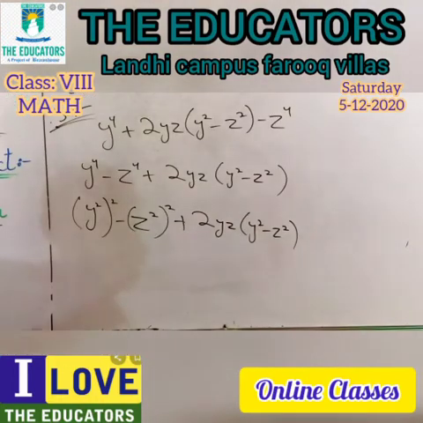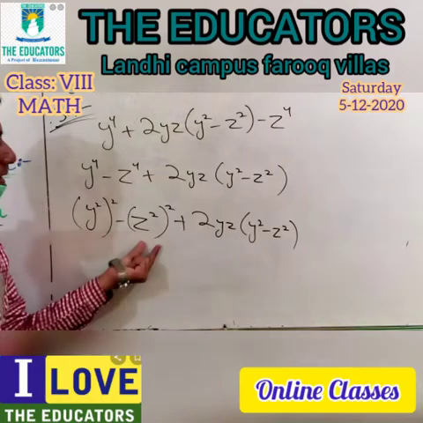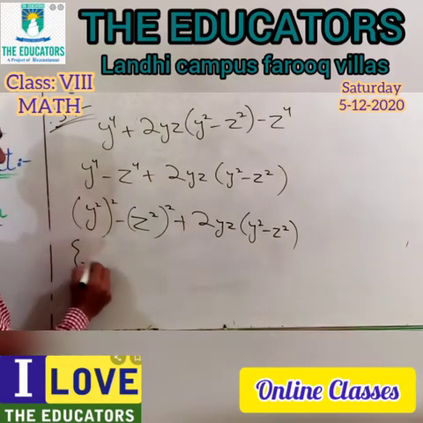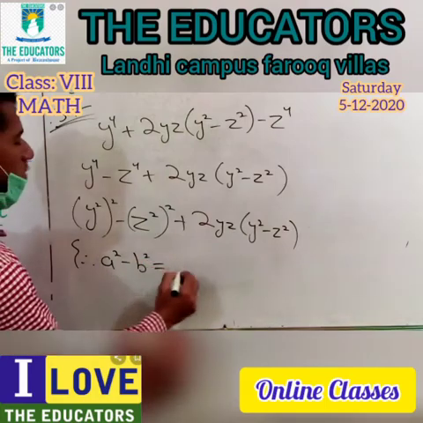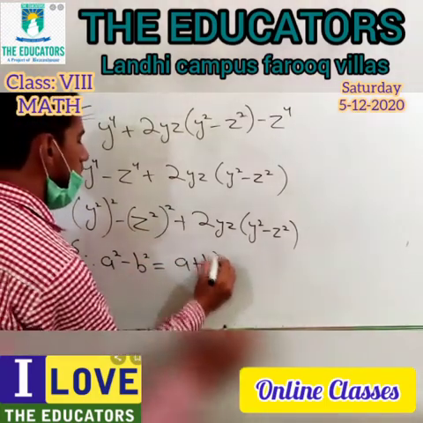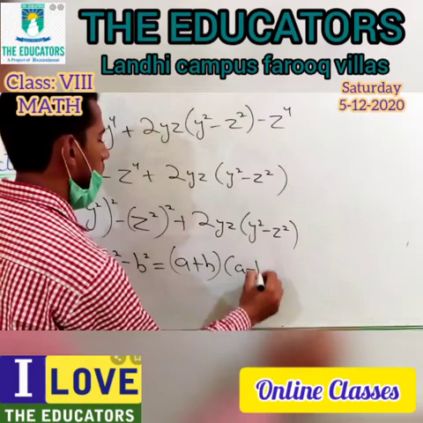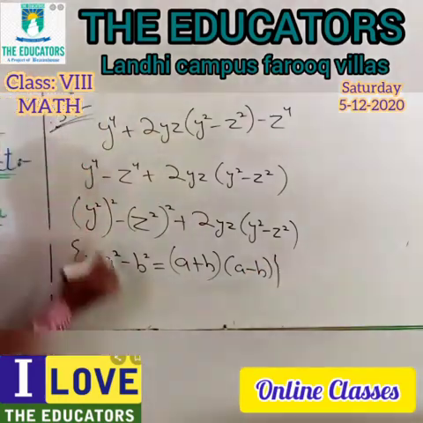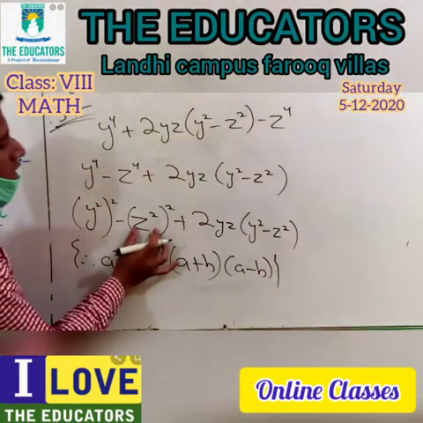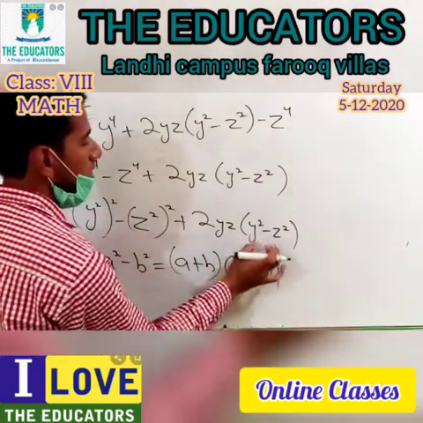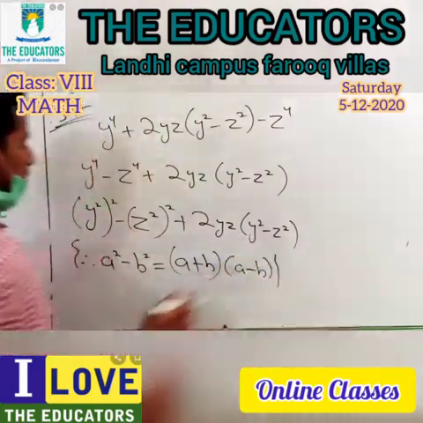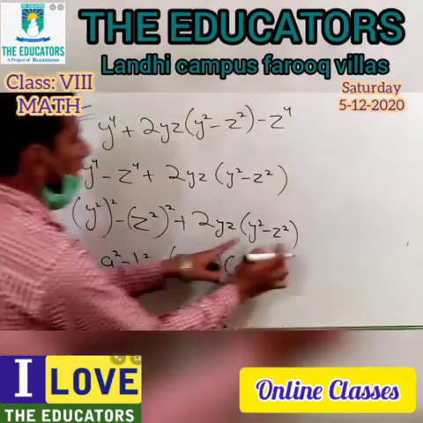Now we may use the formula a square minus b square equals a plus b into a minus b. Here a is y square and b is z square. We may use this formula here too, where a is y and b is z. So I am using this formula here and here as well.